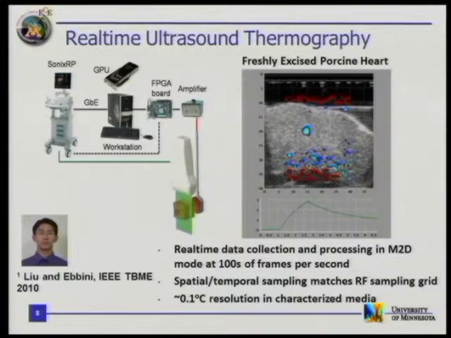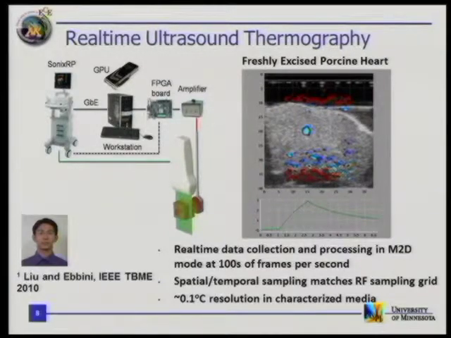And we have worked very hard in the last few years to put together our own system that allowed us to perform these types of experiments in real time. For example, here there is a single element HIFU transducer focused into the sample. In this case, for example, a hard sample. The heating is right here, and this kind of result is obtained in real time.